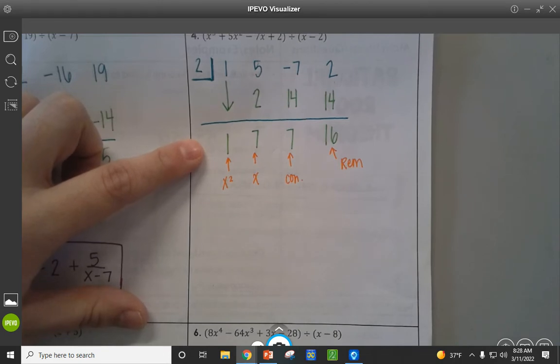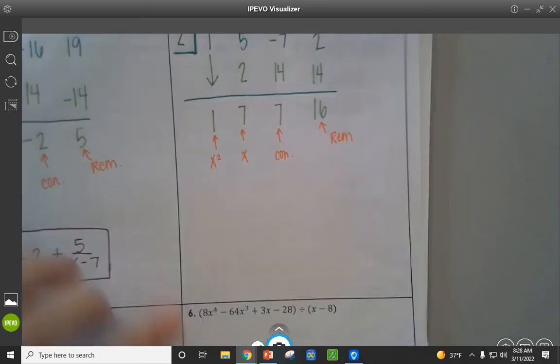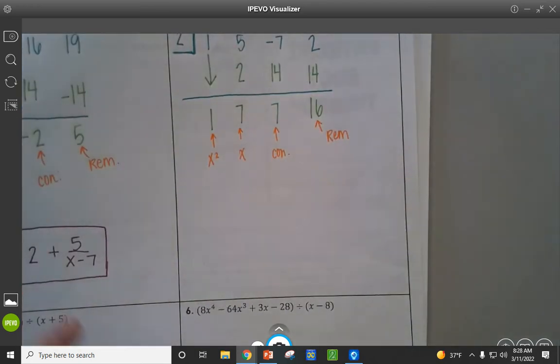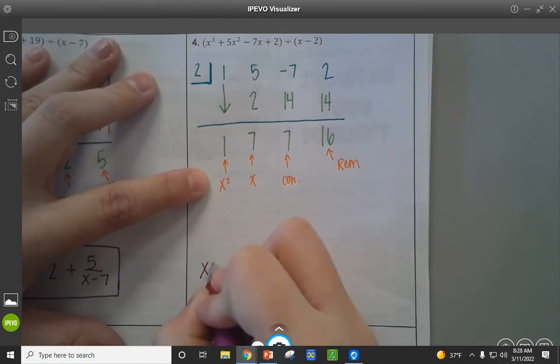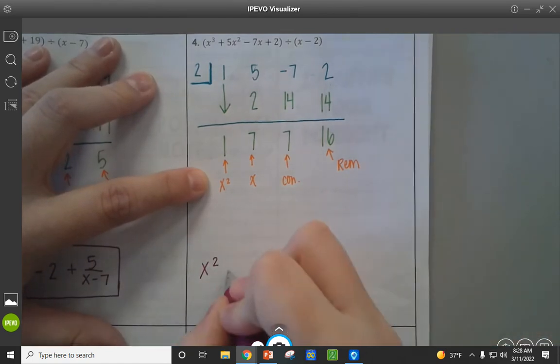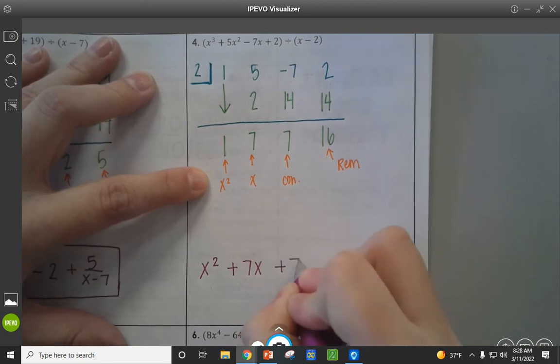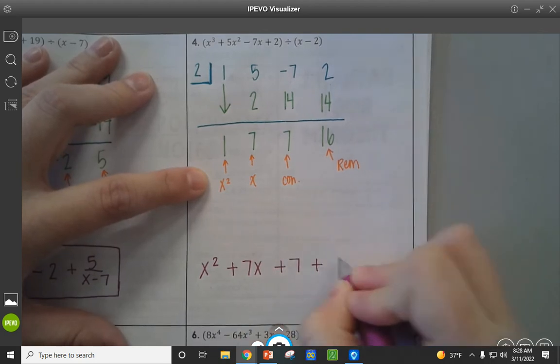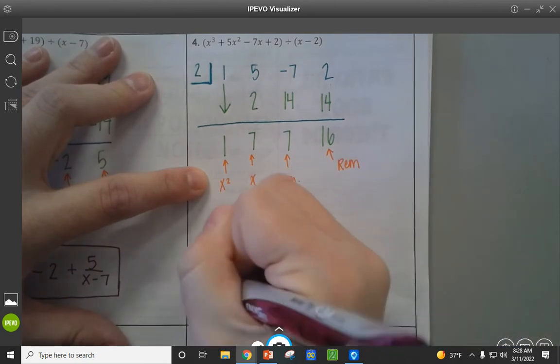So we do remainder, constant, and then x, x squared, x cubed, x to the fourth, and so on. So my final answer is x squared, or 1x squared, plus 7x plus 7 plus 16 over x minus 2.